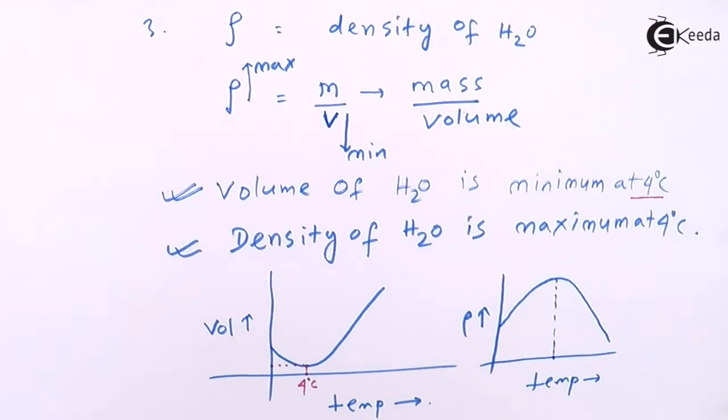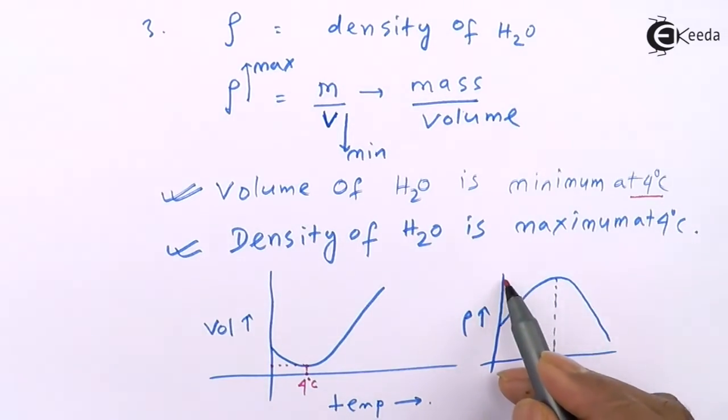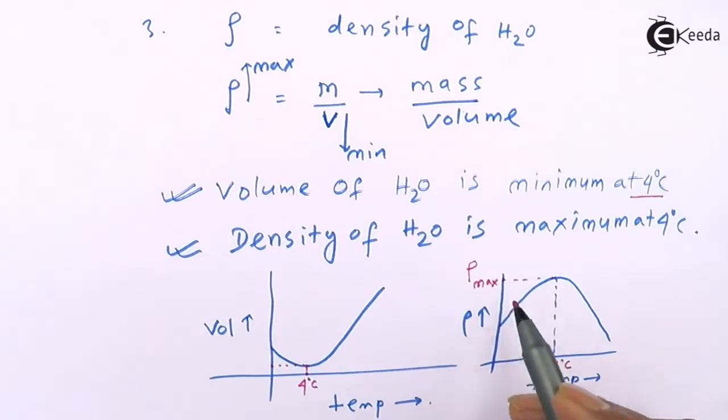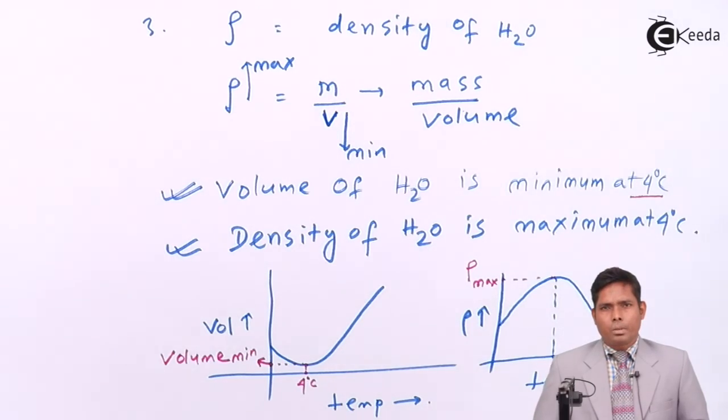Here again the temperature should be 4 degrees centigrade, and corresponding to this the density becomes maximum. Here is the density, which is maximum, and here is the volume, which is minimum. So this is called the anomalous behavior of water.